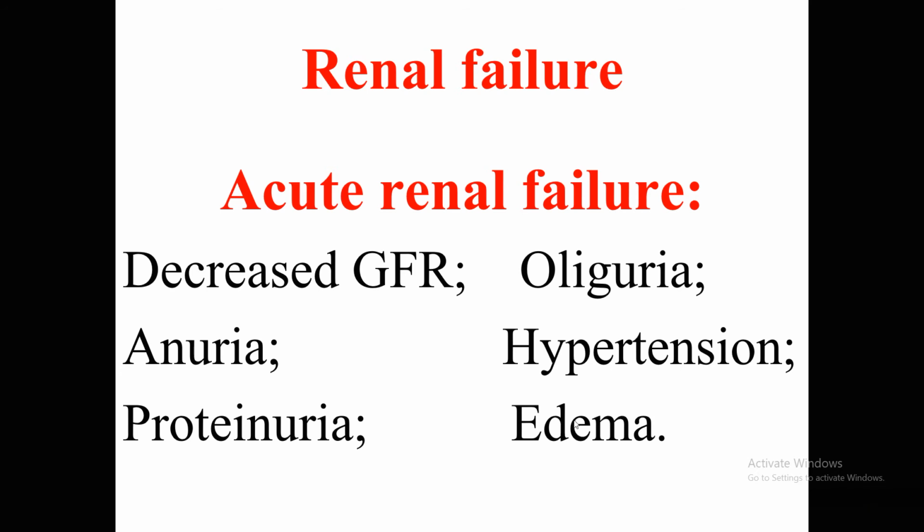Also, hypertension and edema are observed. The most common prerenal cause for acute renal failure is the extensive use of non-steroid anti-inflammatory drugs or angiotensin-converting enzyme inhibitors. Also, renal hypertension due to artery stenosis may cause acute renal failure.